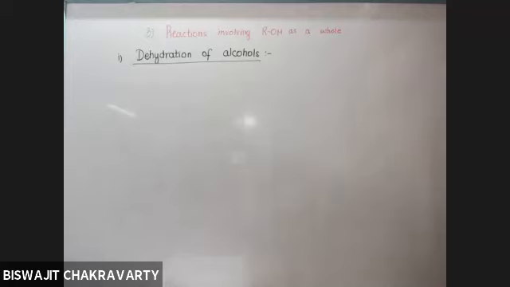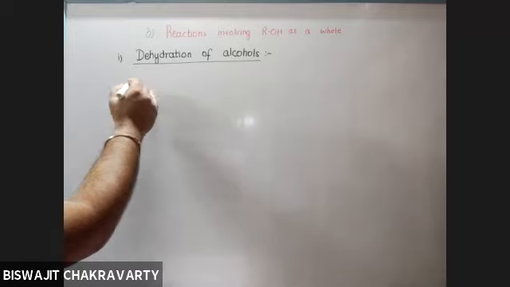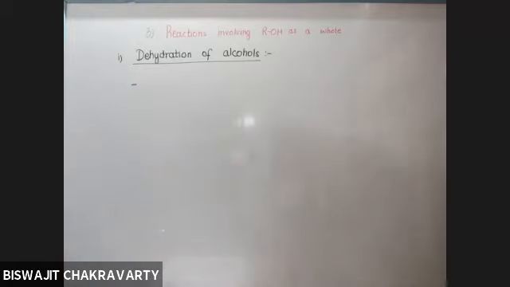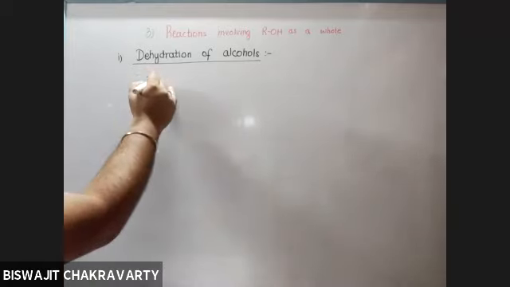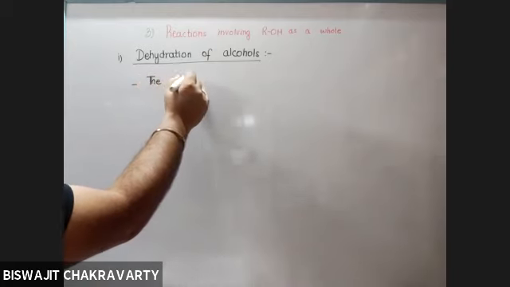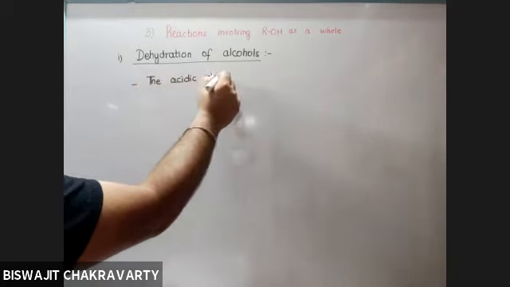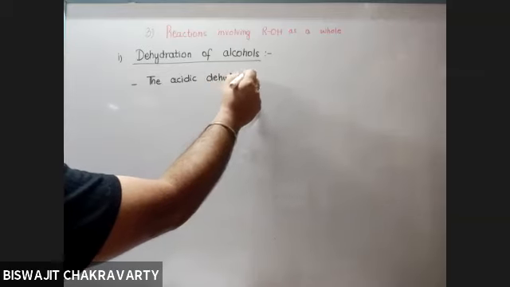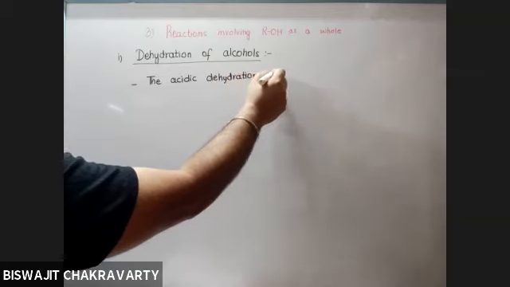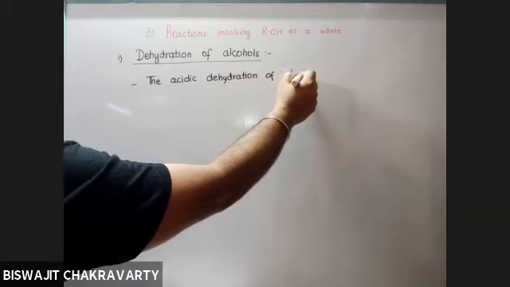So before we move on to the reactions, let me put some important points to you: what generally are the steps involved in the dehydration process. So suppose we consider this point, the acidic dehydration of alcohols.